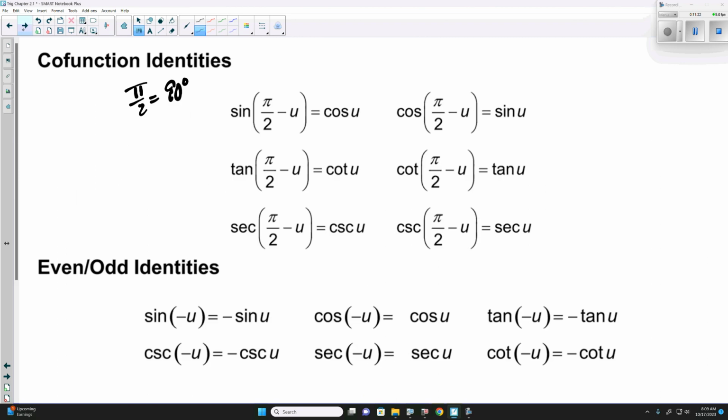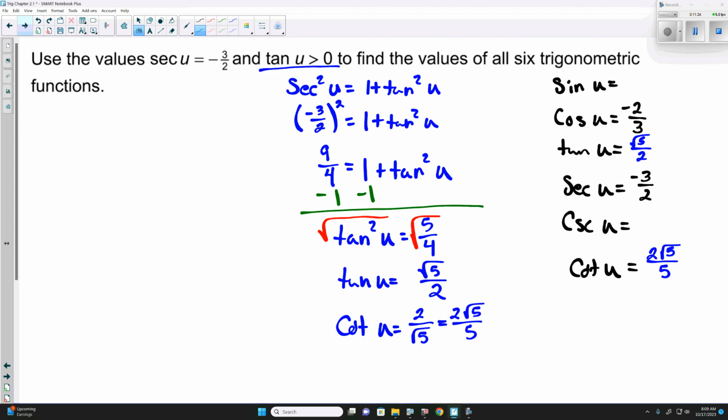So I'm going to use sine squared of u is equal to 1 minus cosine squared of u. I had it flipped.